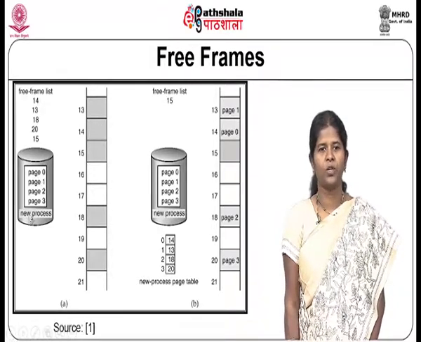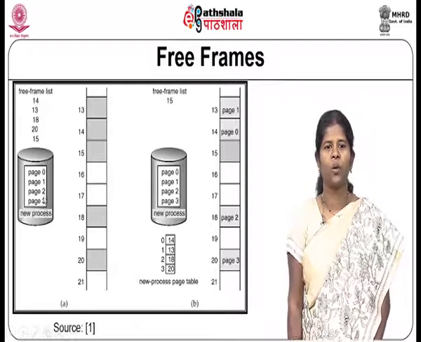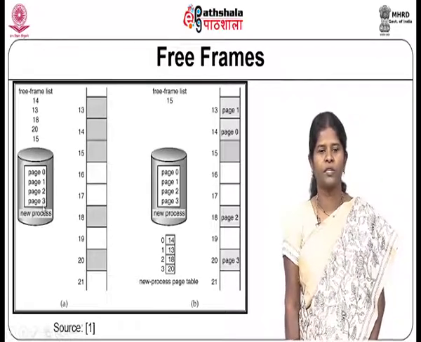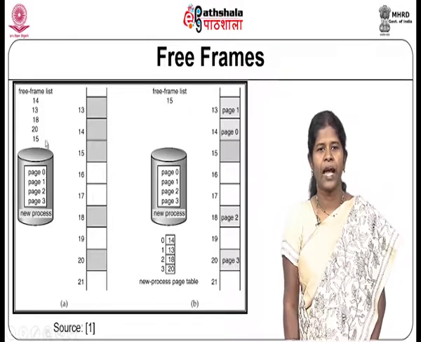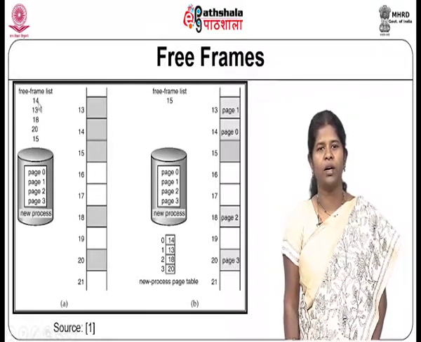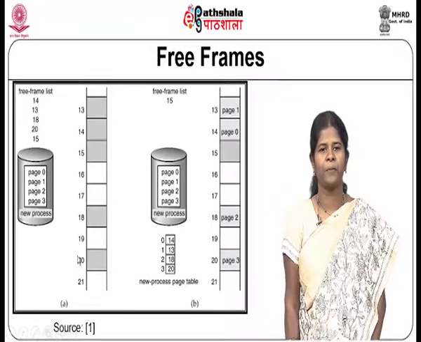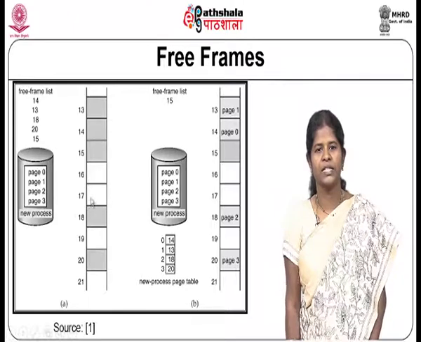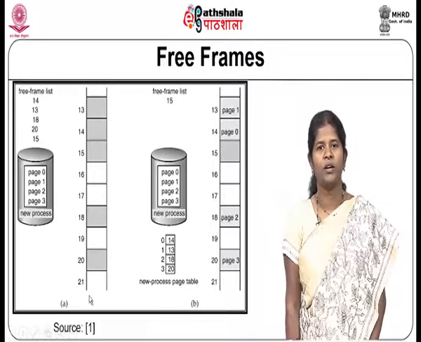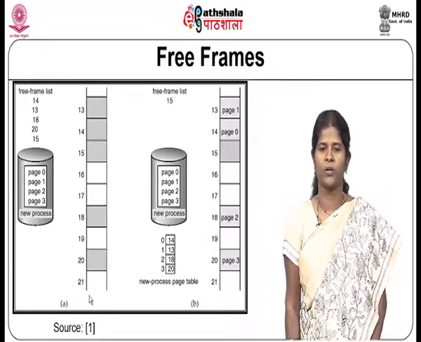Now, here a new process arises which has pages 0, 1, 2 and 3. There are 4 pages for this process, and you have a free frame list which says that frame numbers 13, 14, 15, 18 and 20 are free. The frames 16, 17, 19 and 21 are already occupied with pages of some other process.